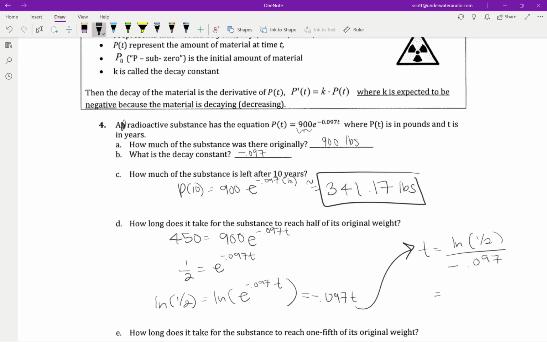Calculator time. Natural log of 1/2 divided by negative 0.097. Okay, so that looks like 7.15 years.